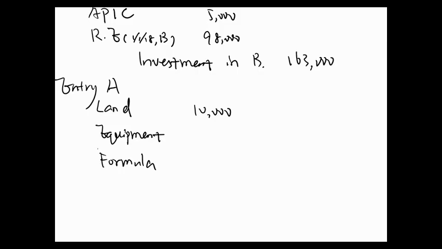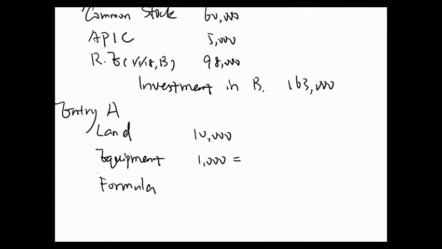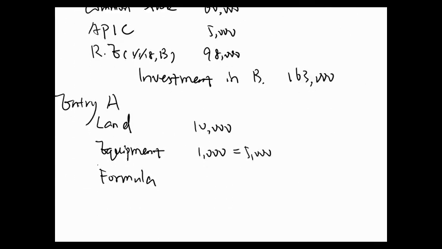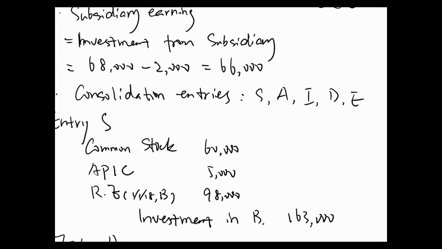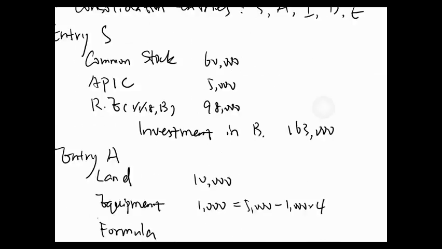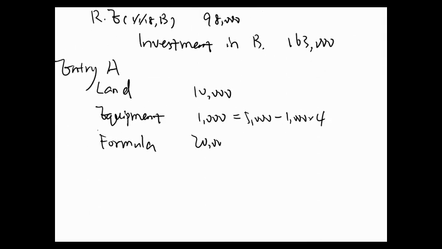The amount for equipment now is going to be 1,000. The reason is that after 4 years of depreciation from 2014 to the end of 2017, at the beginning of the year the undervalued amount is only 1,000 left. For the formula, that's still going to be 20,000.